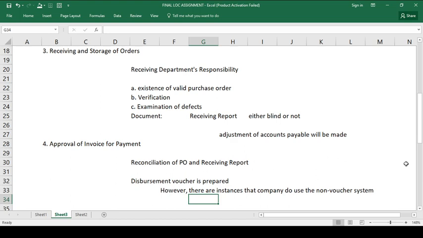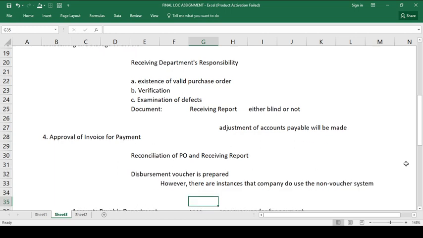In a non-voucher system, from the time you acquire, you just get the invoice, and then you prepare the check immediately without the voucher. But the most common is the voucher system, because the voucher system provides an audit trail. That is the good thing about the disbursement voucher system.